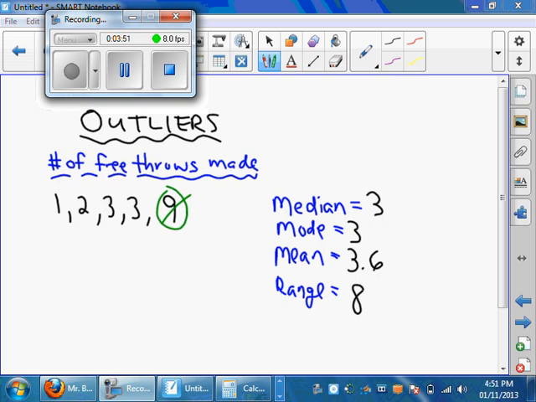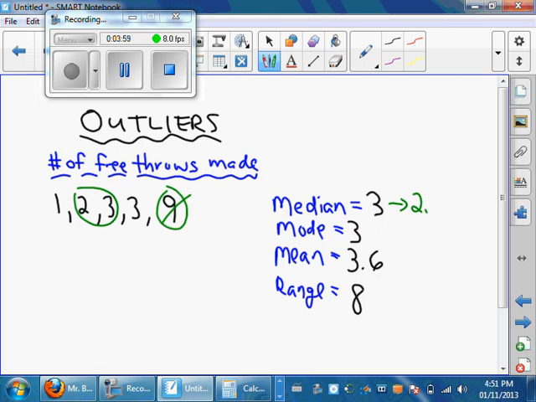Now, obviously, our median in this case would change because it would be here between 2 and 3. So this would move to 2.5, and our mode would stay the same at 3. But our mean is going to change here, because now all we have to do is say 1 plus 2 plus 3 plus 3, and that's going to give us a score of 9.